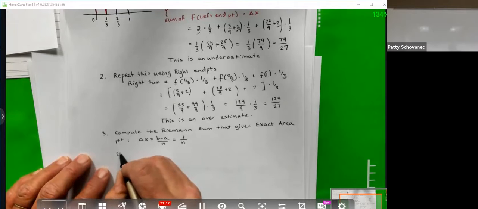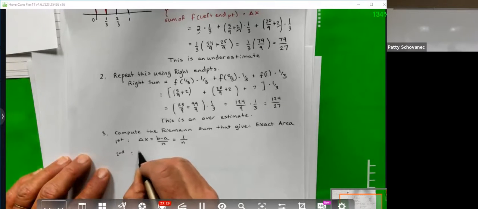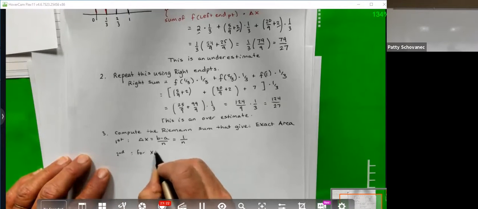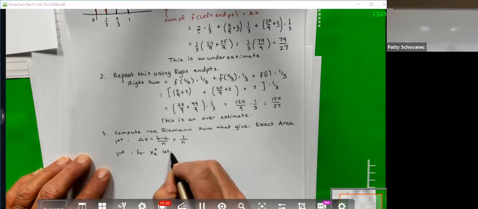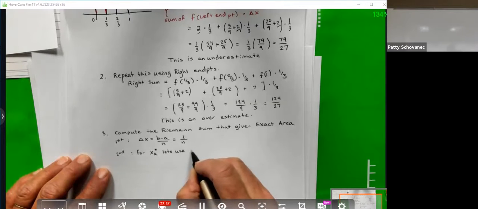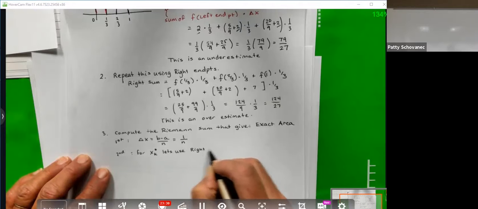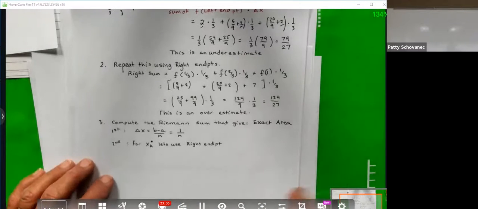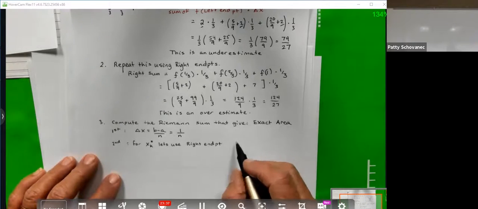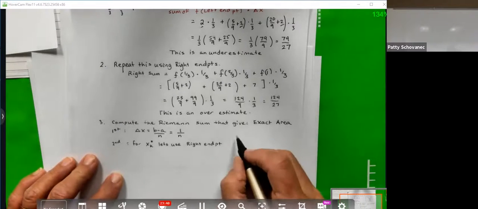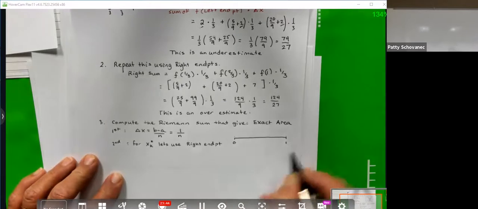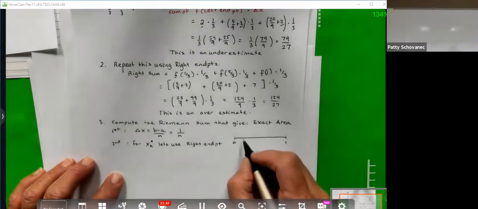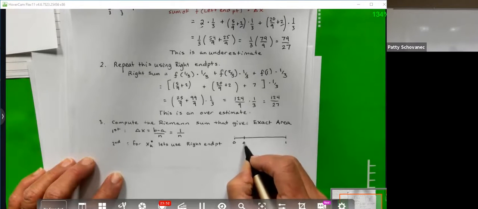Then second, for x star, let's use the right endpoint. So for the right endpoint, here's my interval from 0 to 1. To get to my first right endpoint, I have to take 0 and add delta x.